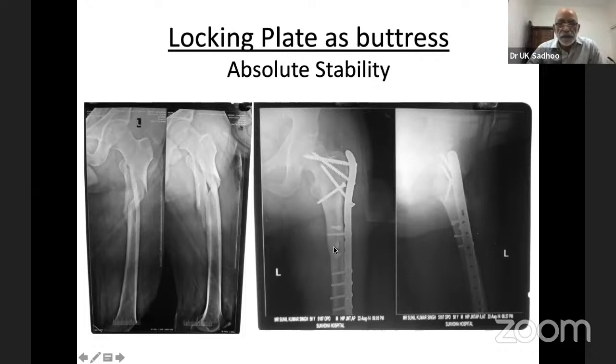Here you can see the anatomical reduction with the lag screws, and then the proximal plate has been used as a buttress plate, and you see very little visible callus, yet the fracture has joined.